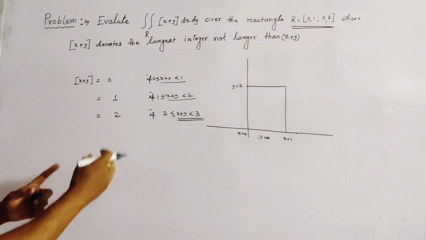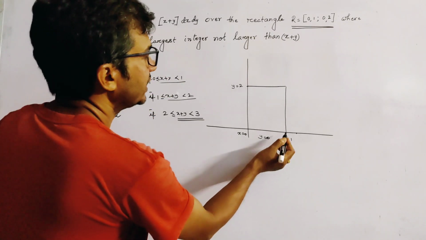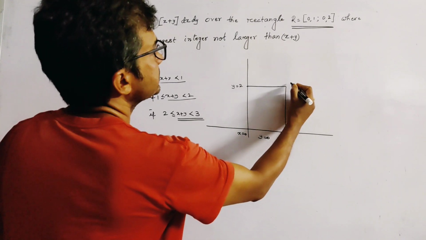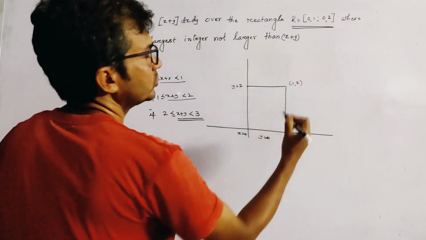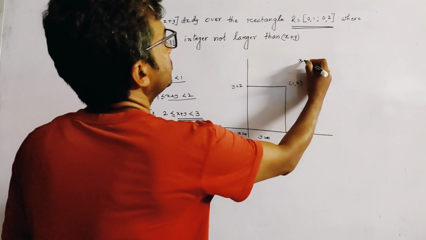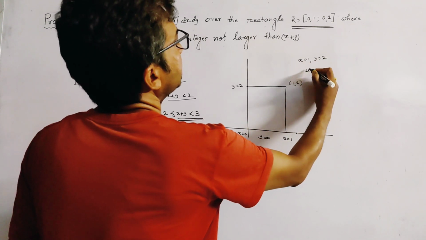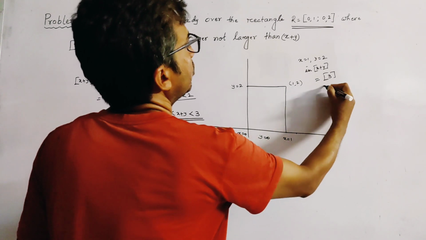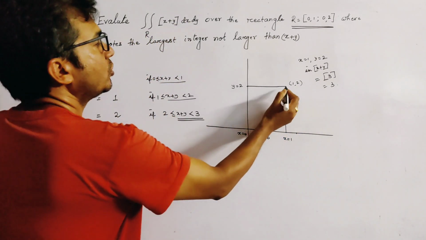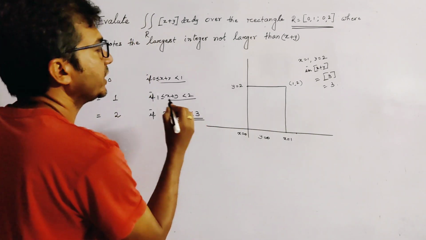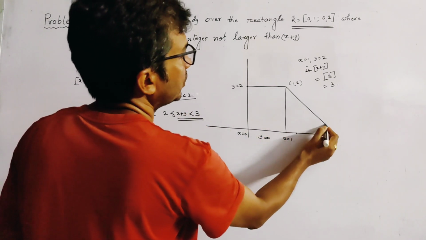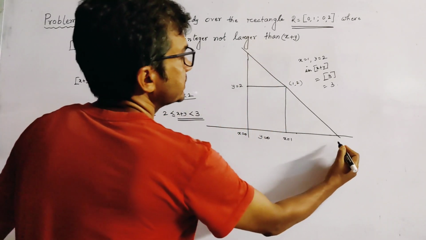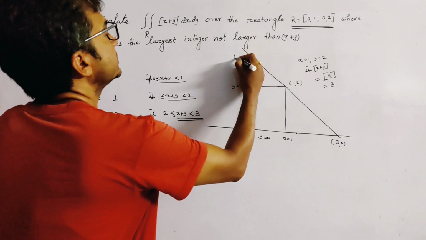Because if we draw a line here, this point is (1, 2), and if we put x equal to 1 and y equal to 2 in [x + y], then the value is [3], so this is 3. So we draw the line x plus y equal to 3, and this line goes through (3, 0) and (0, 3).